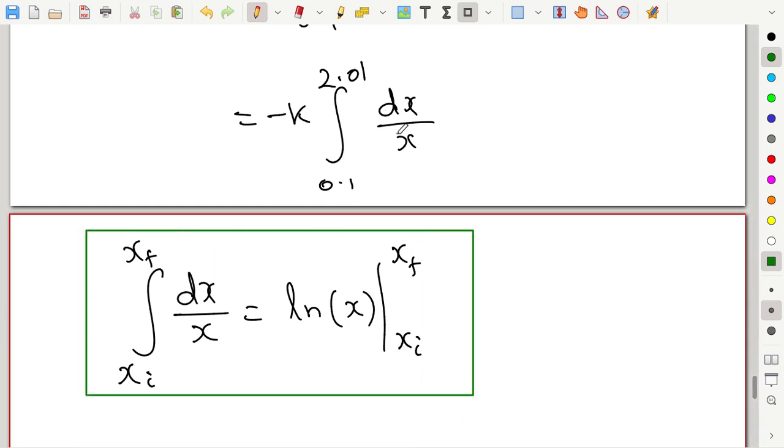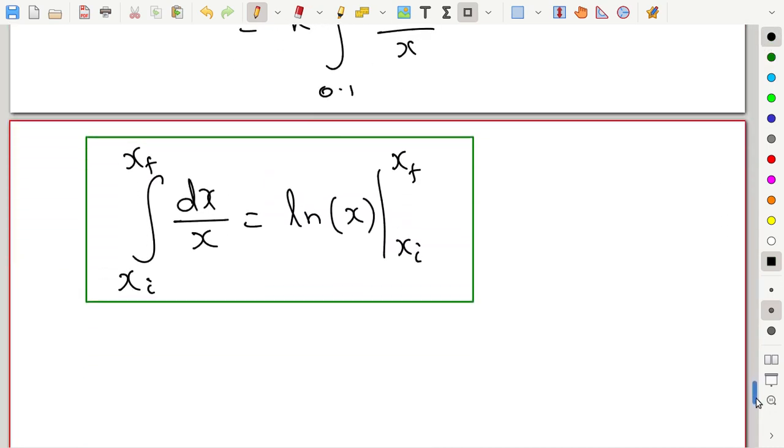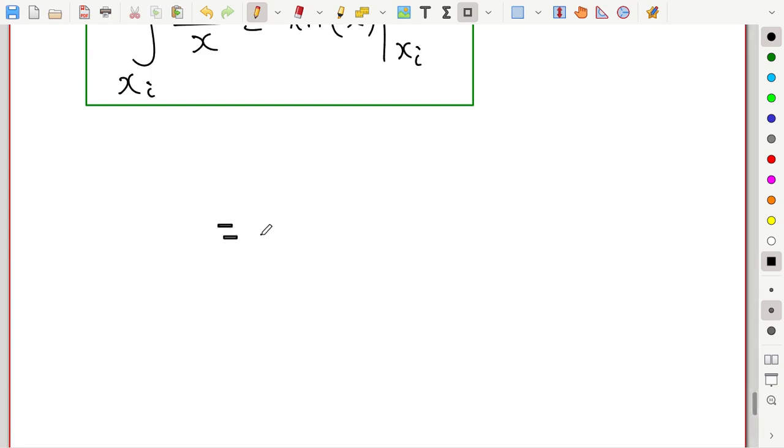Okay, so we are going to use the same formula. Instead of xi and xf, we have 0.1 and 2.01. We also have the value for k.